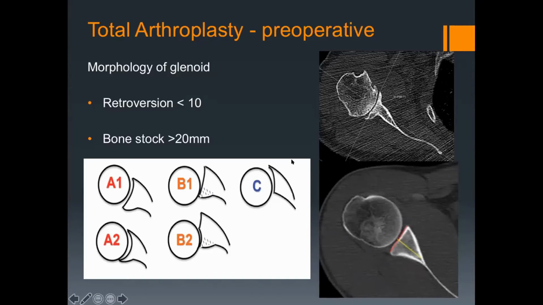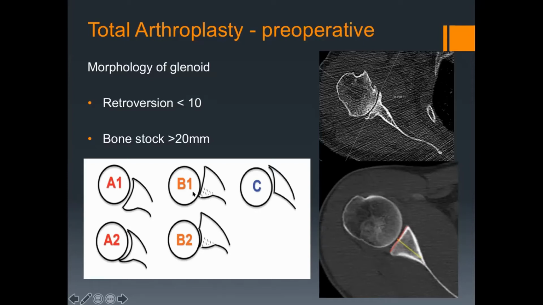So this is the Walsh classification of glenoid morphology, and we use this preoperatively to describe the shape of the glenoid. There are two main types of glenoid wear that happen in arthritis. You can either have concentric wear, where the wear happens in the center of the glenoid, leading to saucerization of the glenoid fossa, and you can see this in inflammatory arthritides.